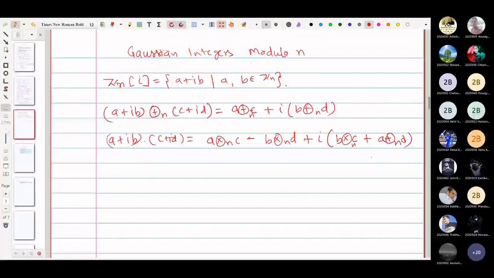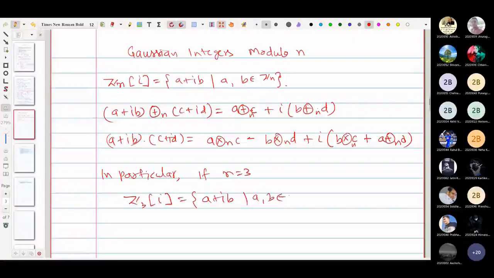Similarly, in particular, if n equals 3, then Z3[i] is going to be equal to a + ib, where a, b belong to Z3. In Z3 we know that the elements are 0, 1, 2.